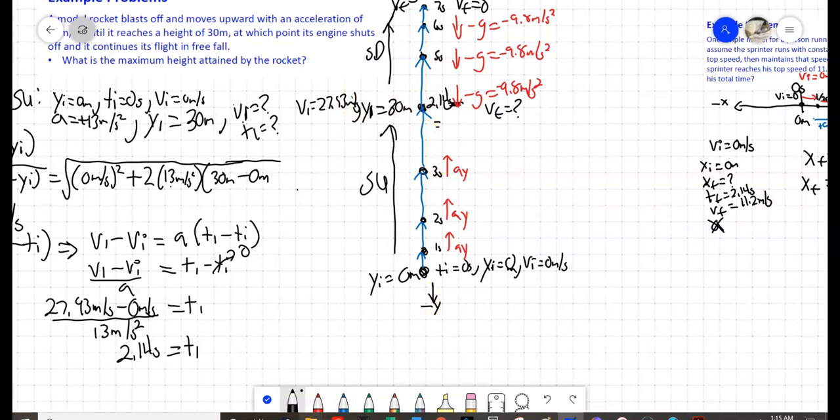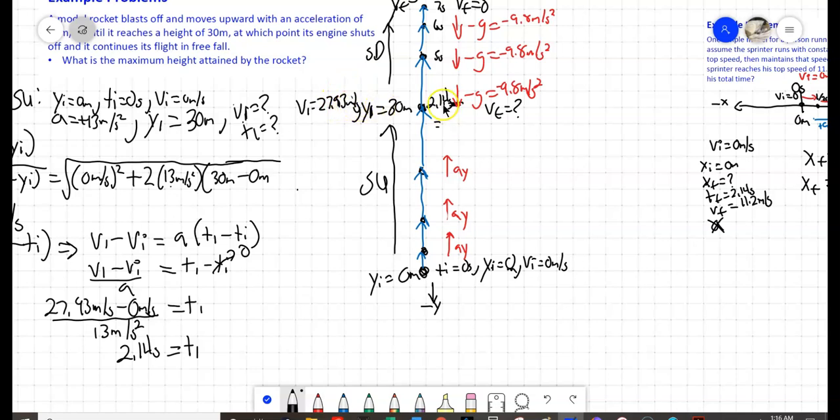It sped up from 0 at that acceleration, so it was accelerating upwards, and when it hit the 30 meter mark it was traveling at 27.93 meters per second upwards.